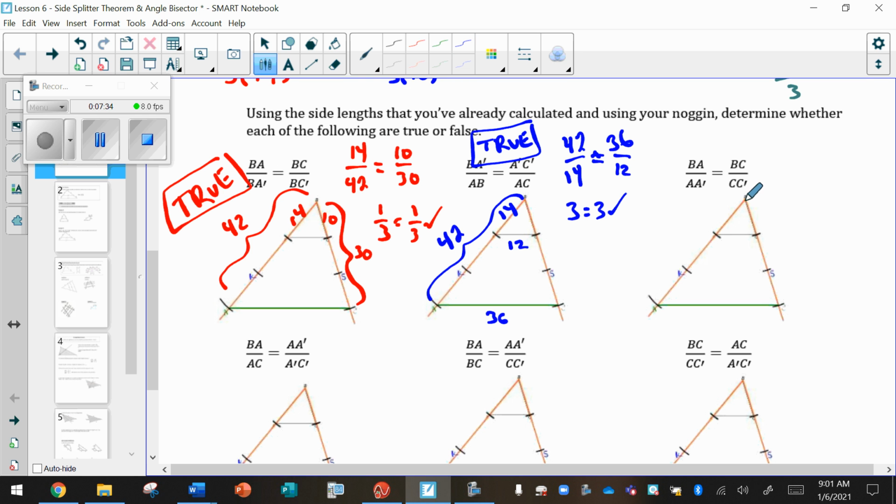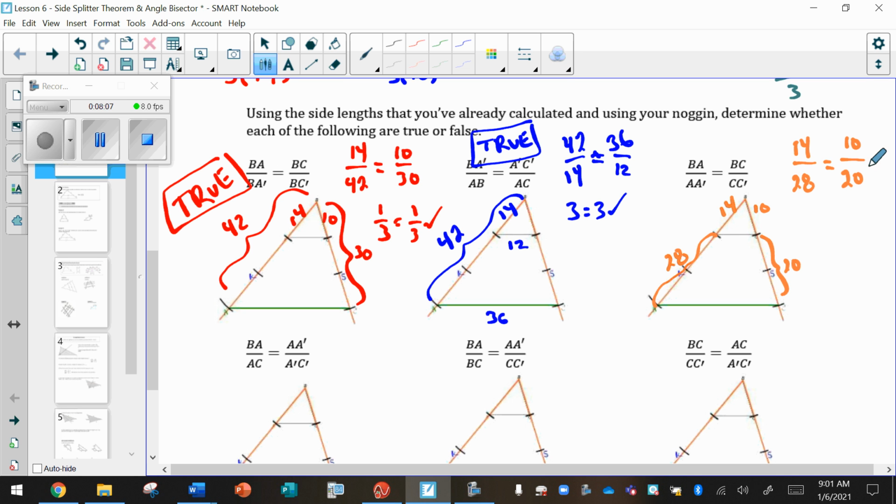So BA is 14. A to A prime was 28. And then BC was 10. Then C prime was 20. So we have BA over AA prime and BC over CC prime.